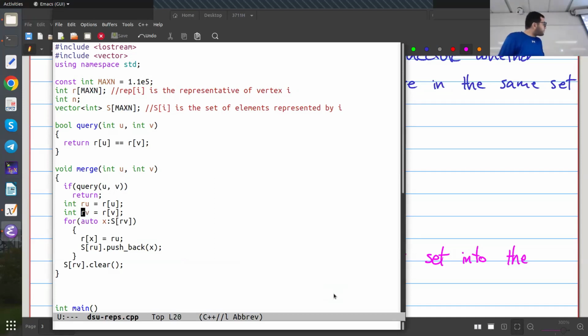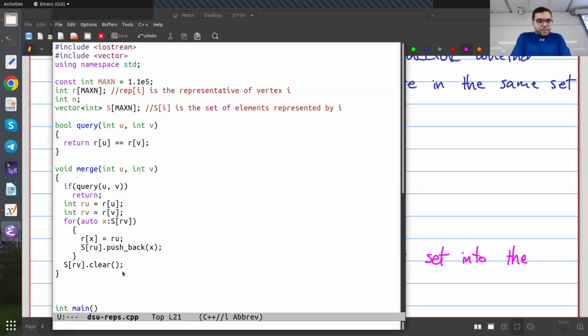Right now, I have these two. I have the set represented by RU and the set represented by RV. And I'm saying go over every X that is in the set represented by RV, which means every X that is in the same connected component as V, and set its representative to RU. And of course, when I set the representative, I have to update this S as well, because S of I is the set of elements represented by I. So I have to add X to S of RU.